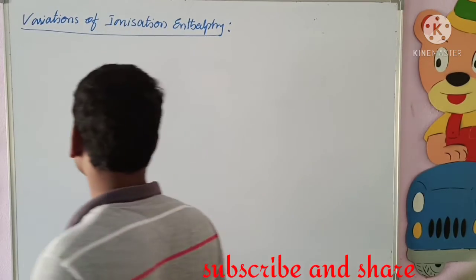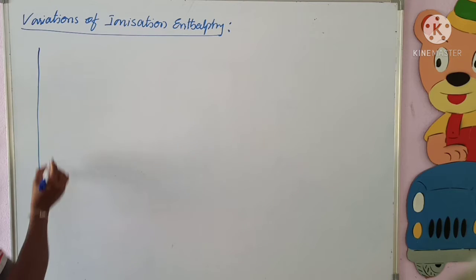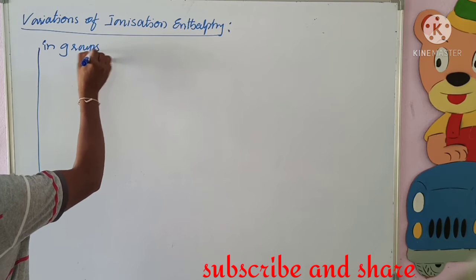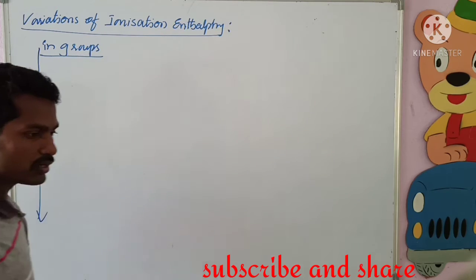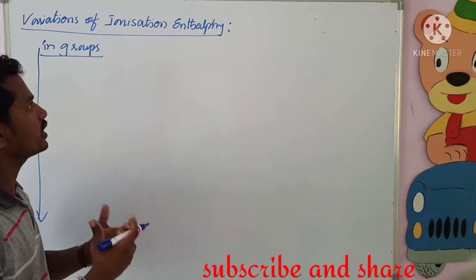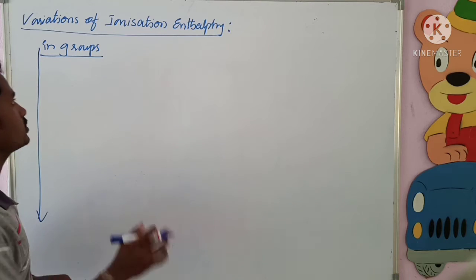So in groups, groups are arranged from top to bottom. What happens to ionization enthalpy in groups? Just take the first group elements.